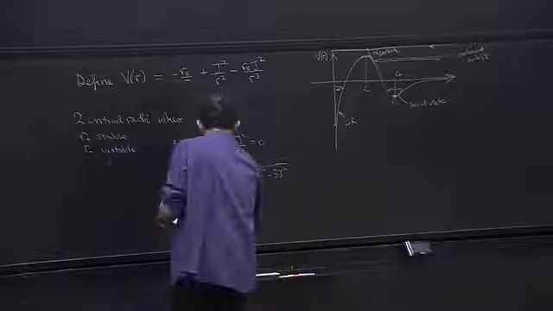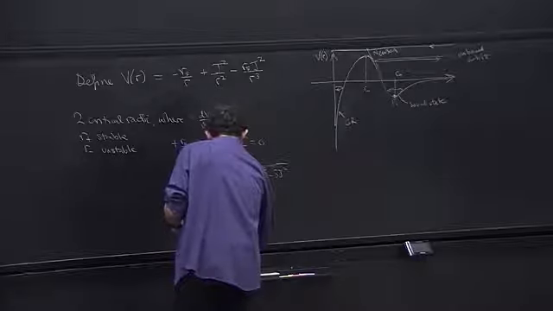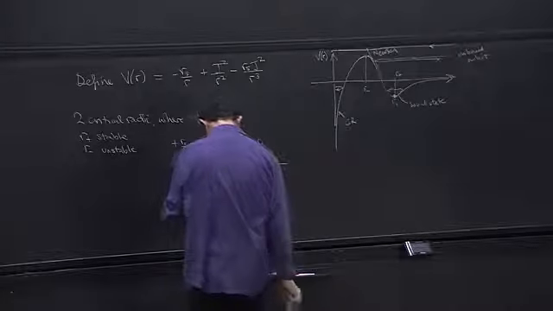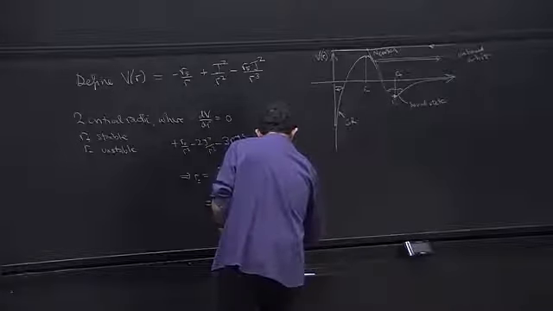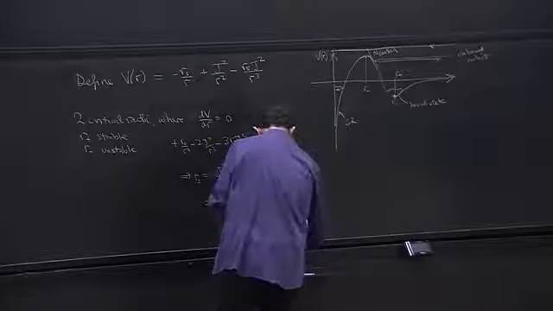And so this is equal to j squared over R_s times 1 plus or minus the square root of 1 minus 3 R_s squared over j squared.